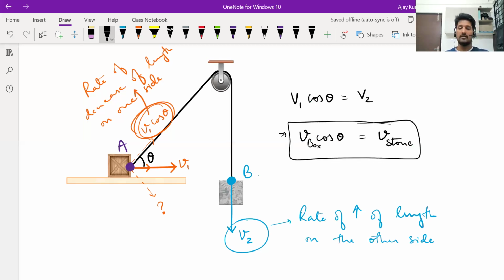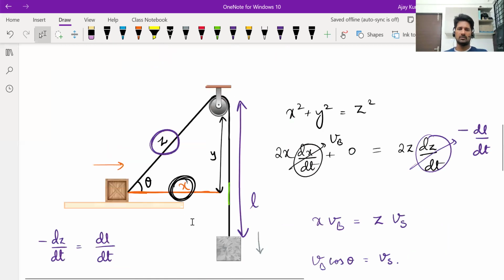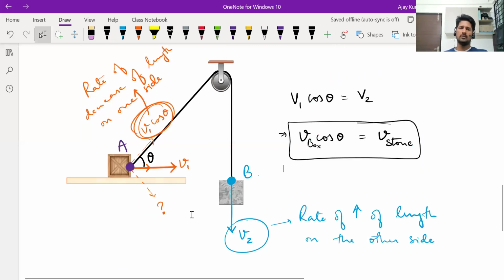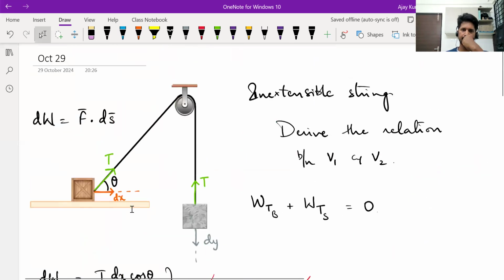So there are so many different methods to derive relation between velocities of 2 points of a string. Work done by tension can be used. Some geometry ideas can be used. X square plus y square is equal to z square. And this idea also can be used, that the rate of decrease on one side is equal to rate of increase on the other side.